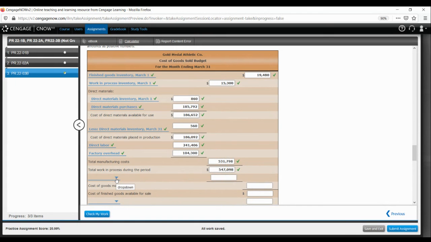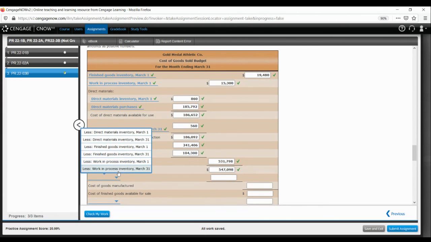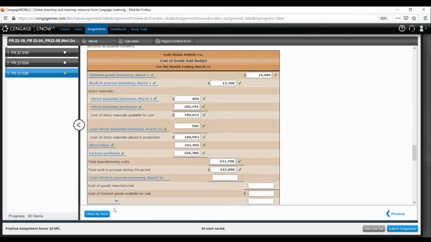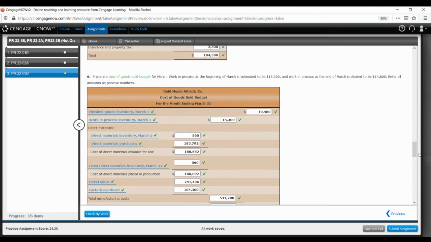The next thing you're going to do is back out your work in process at the end of the period. The work in process at the end of the period is what you have left that you have not completed this period, and it needs to be for March 31st.